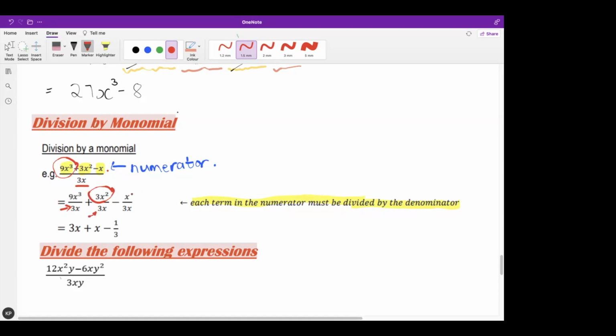And then I also took the last one, x, and put it over 3x. Now, the one thing you need to take note of is they kept their signs. Let me erase here to show you. What I mean is, this was a plus 3x squared, so you add. But this was a minus x, so then it's minus.